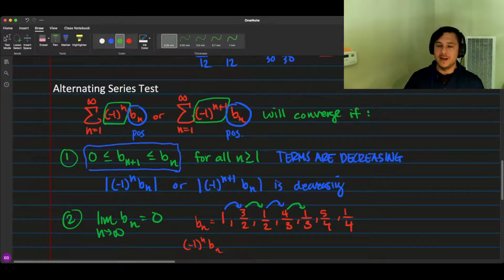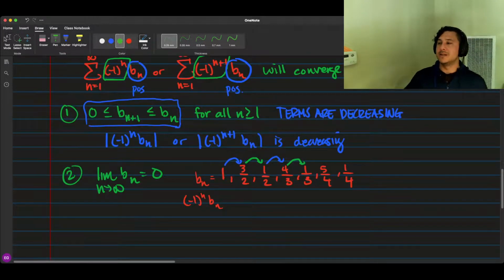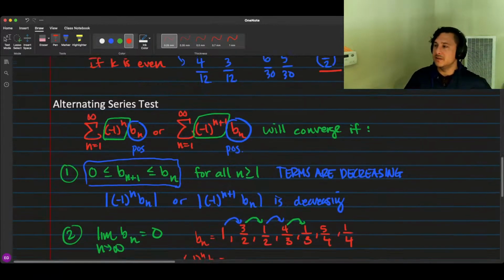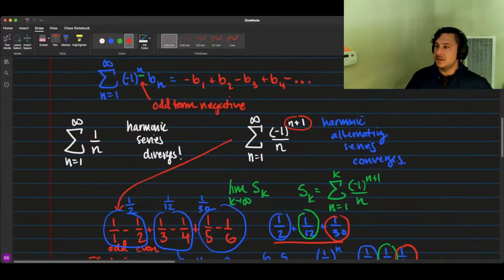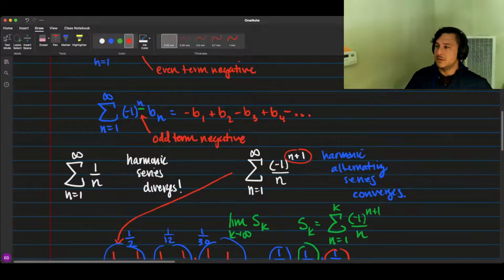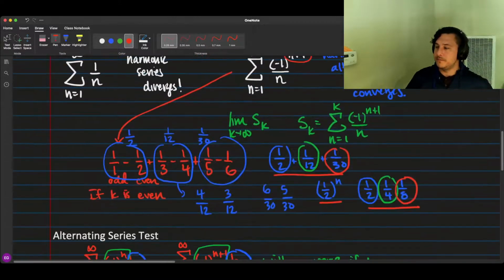However, you would see that, this is where it gets confusing, the -1 to the bn there. So because it's -1, which is the one that starts positive? I want to use the one that starts positive. The one that starts positive is n plus 1. Okay, cool.